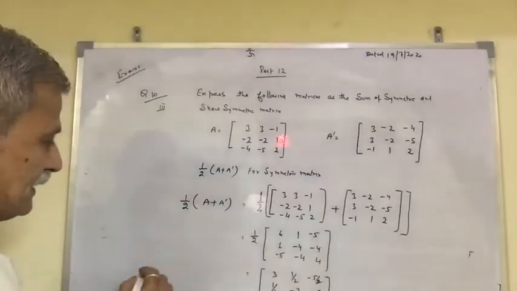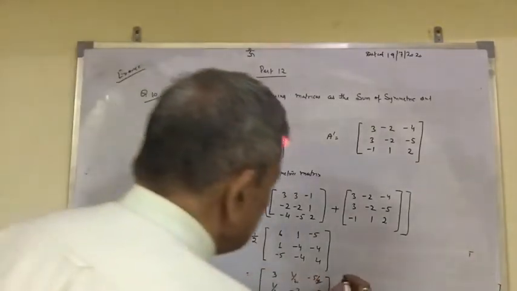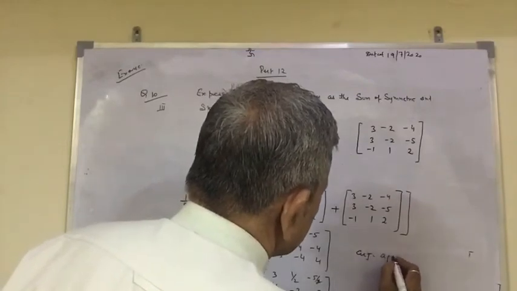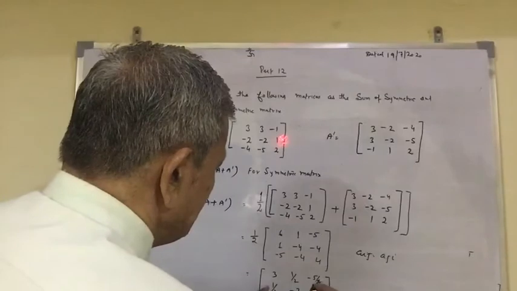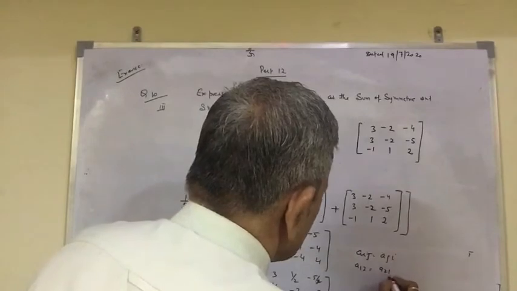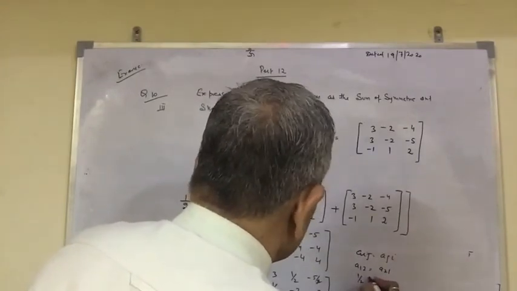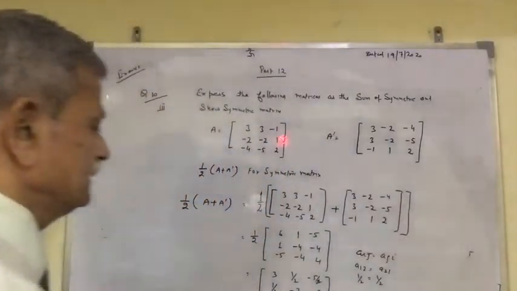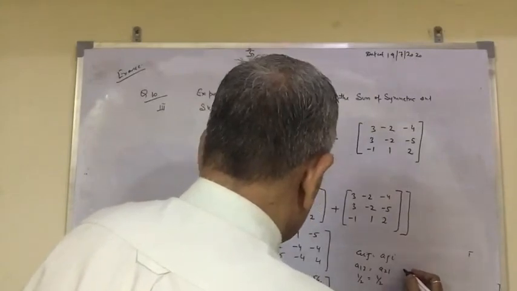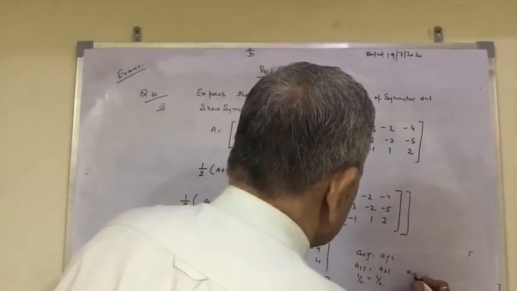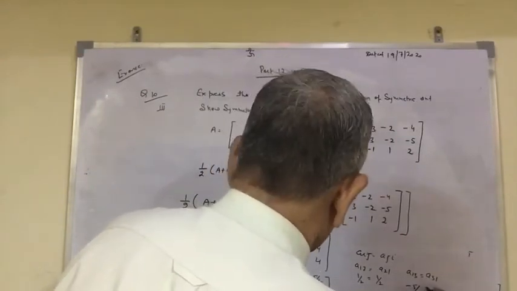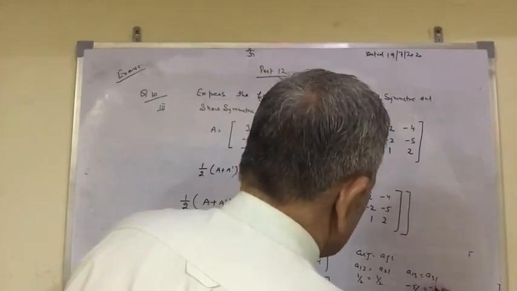In this matrix, if you see its element Aij is equal to Aji. Now, you see its element A12 is equal to A21, which is equal to 1 half, and here is your 1 half. Similarly, the element A13 is equal to A31, which is minus 5 by 2 and minus 5 by 2.